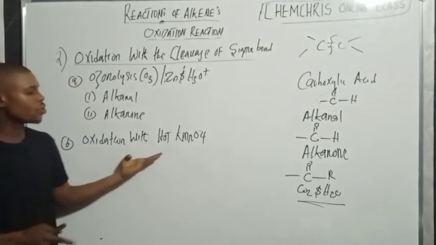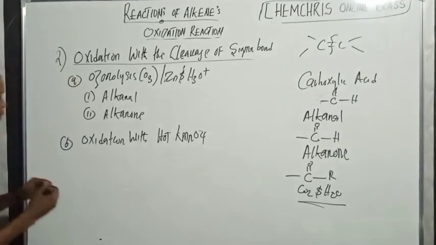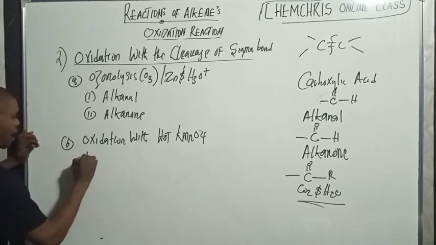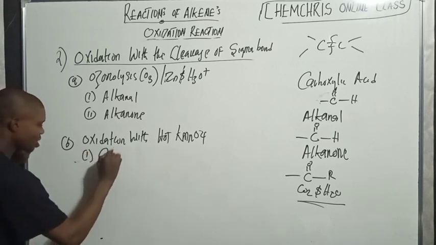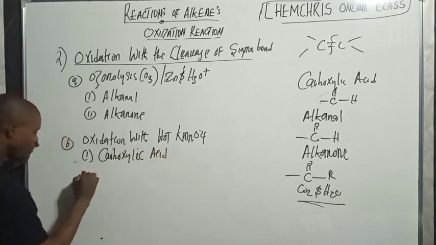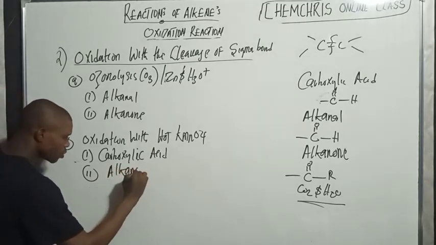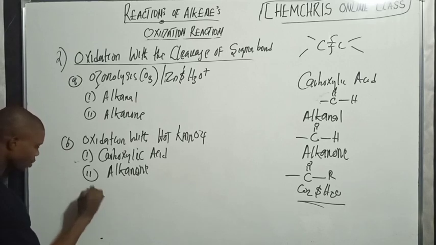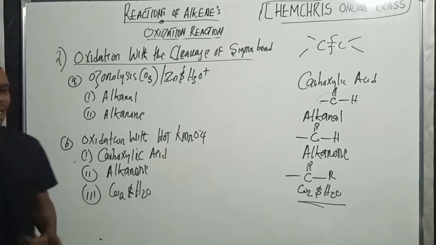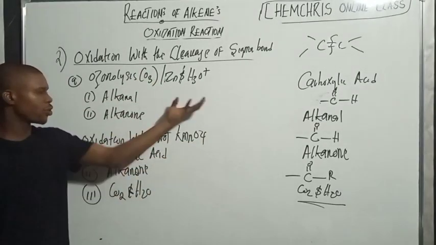Now when you oxidize with hot KMnO4, the products you get are a carboxylic acid, or a ketone, or CO2 and water. You understand? So these are the possible products you are going to get.